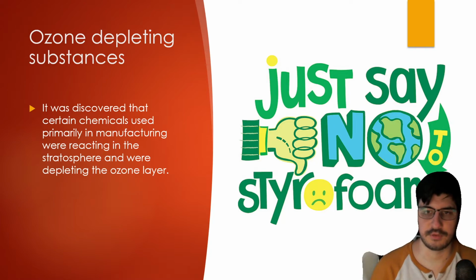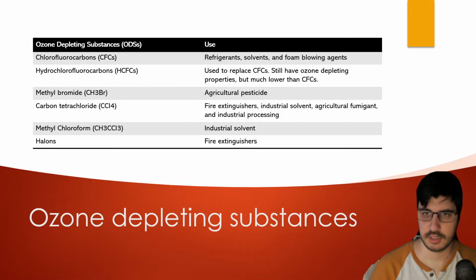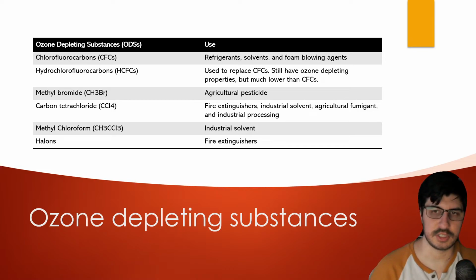But it was discovered that certain chemicals used primarily in manufacturing were reacting in the stratosphere and were depleting the ozone layer. So here's a quick list of some of them. We've got our CFCs, our HCFCs, methyl bromide, carbon tetrachloride, methyl chloroform, halons as well. These are all considered ODSs, or ozone depleting substances, and those are their uses on the right there as well.